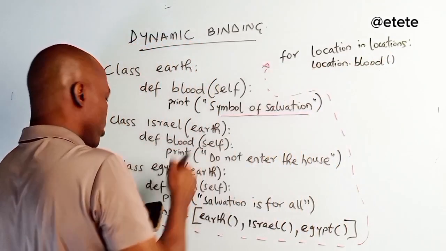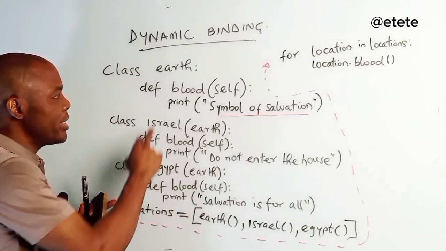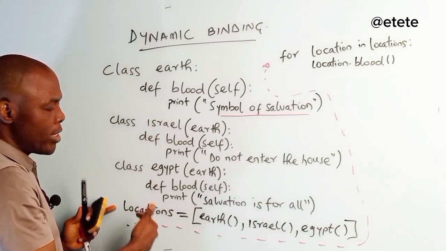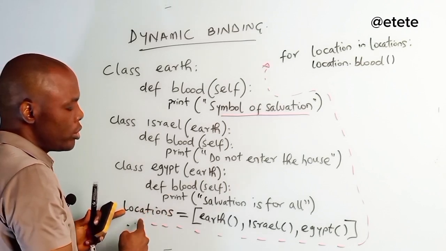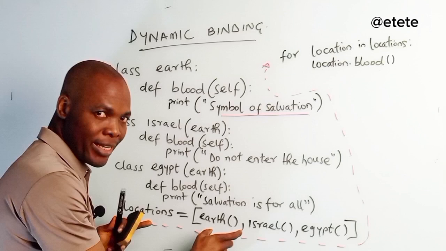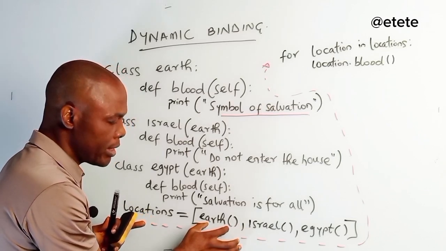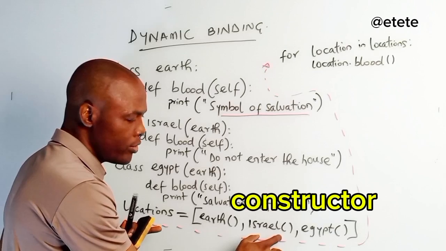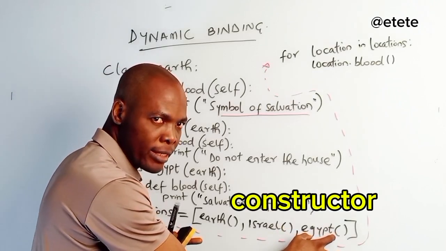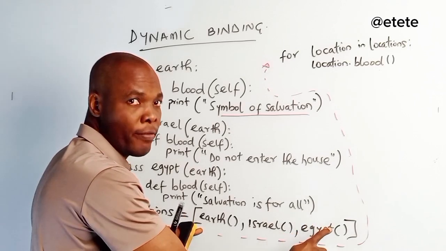Now, when I execute this script, instead of instantiating the class one by one and then calling them, I just create a variable, locations, and then I create a list data structure where I'm having this earth class, this Israel class, and then this Egypt class inside them. Then I'm going to use my for loop to iterate the three of them.